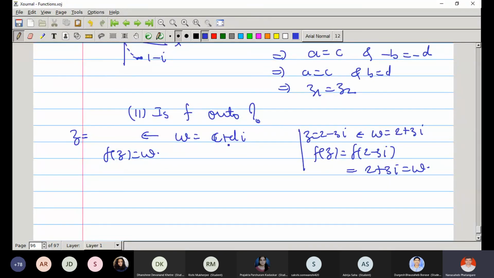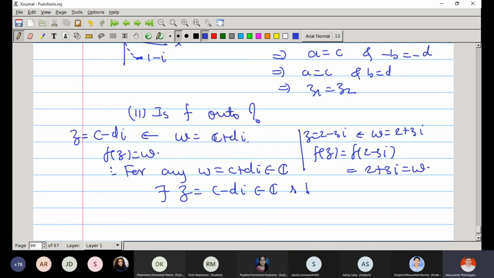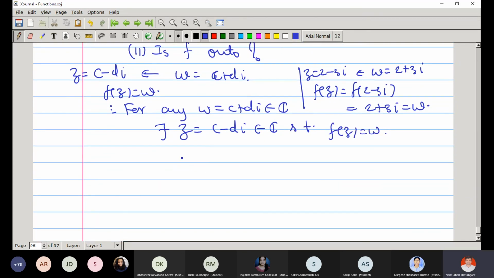In general, if w is equal to c plus di, what is the pre-image? c minus di. It is very easy to see that for any w equal to c plus di in C, there exists z equal to c minus di in C such that f of z is equal to w. So it is onto, right? Therefore f is onto.